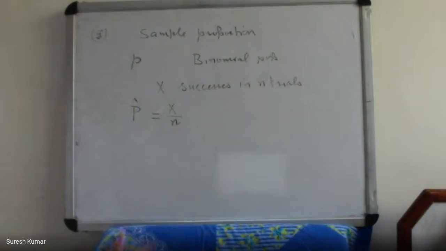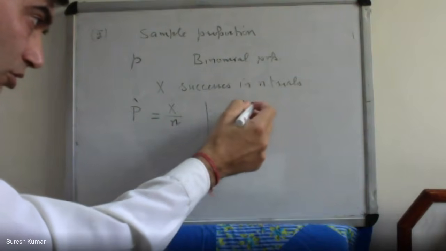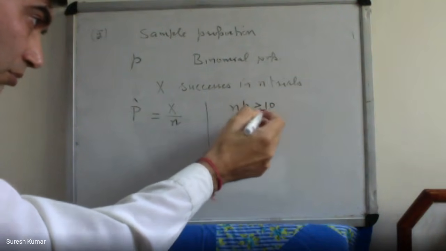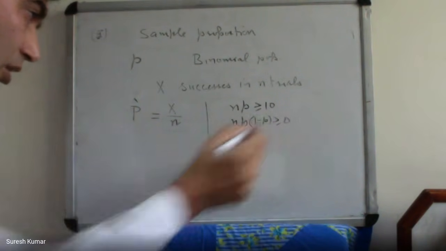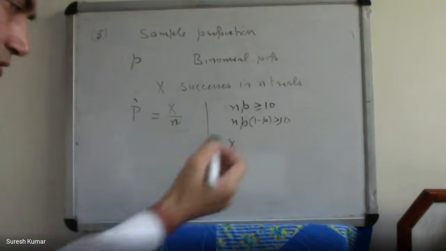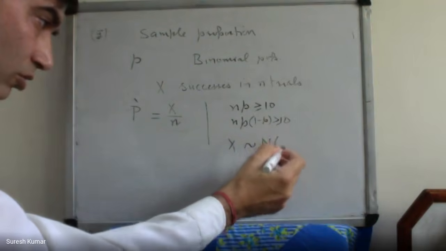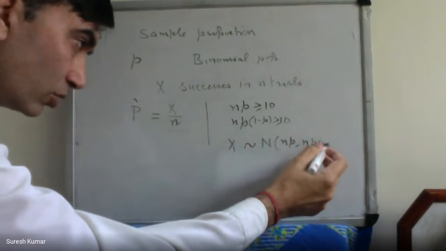How to do it? First of all, we should know the nature of this random variable x. You know binomial distribution can be approximated by normal distribution under certain conditions. You recall those conditions. If np is greater than or equal to 10 and n times (1 minus p) is greater than or equal to 10, under such conditions, x follows normal distribution with mean np, variance np into 1 minus p.